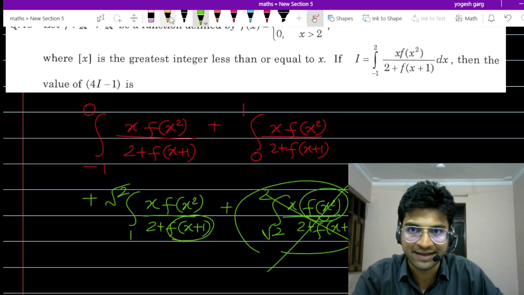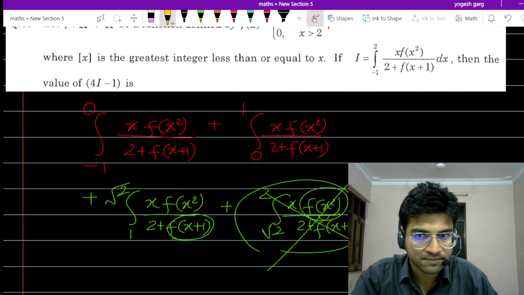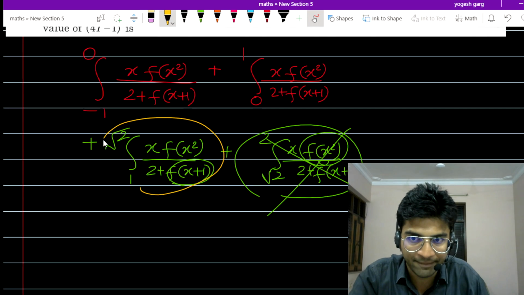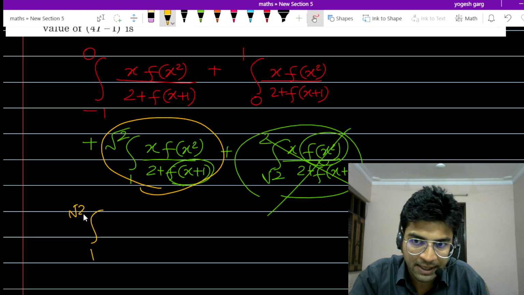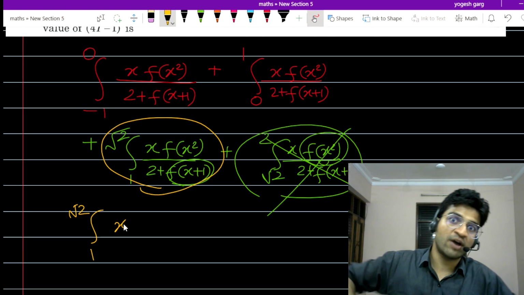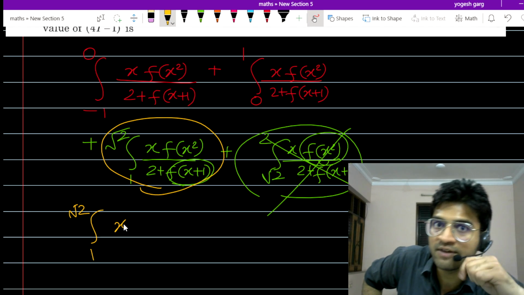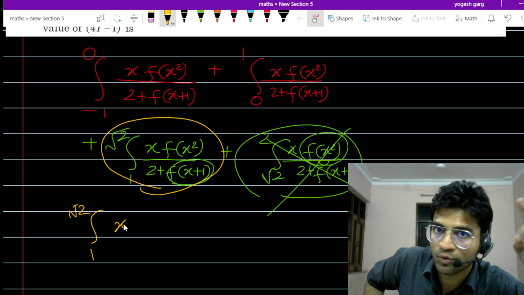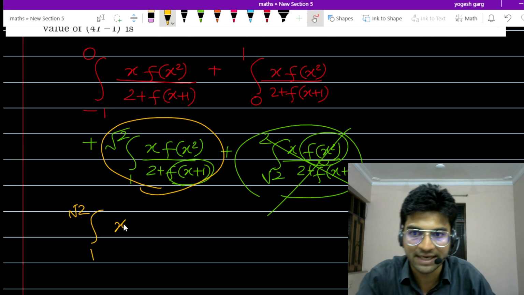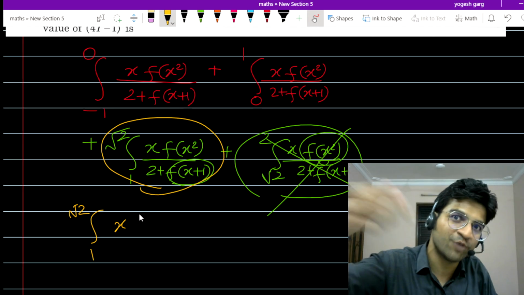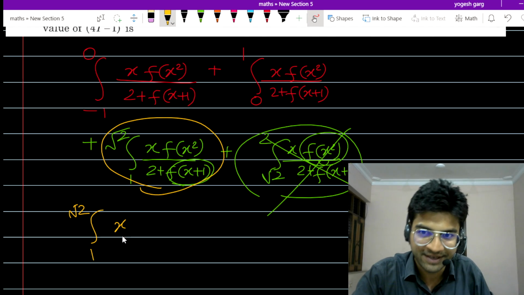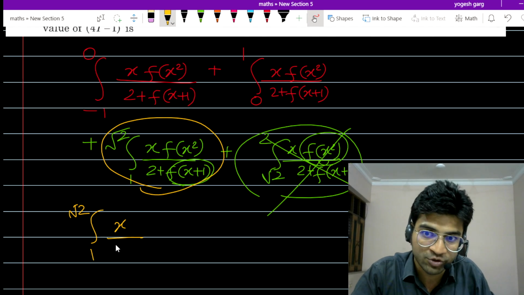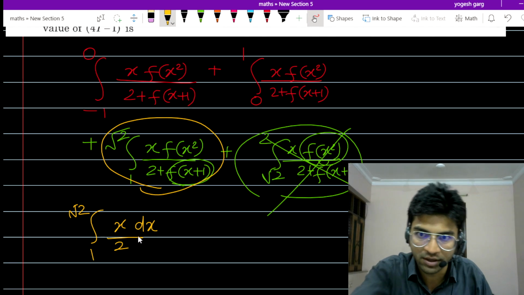So we can clearly write this as this. I am doing the third integral right now. 1 to root 2 x, also x square will lie between 1 and 2. Anything between 1 and 2 has greatest integer of x equal to 1. So this is x into greatest integer of x, and that too between 1 and 2, the value of greatest integer of x is 1. So x into 1. In the denominator we have 2 plus 0, so 2. So this is the third integral. Fourth is 0, third is this.